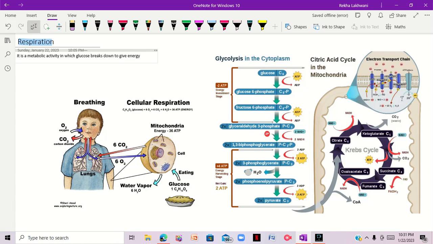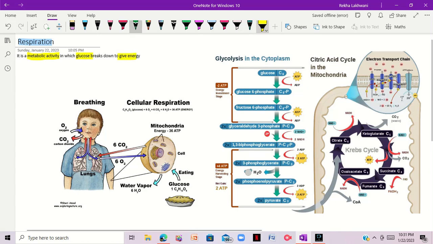So respiration is a metabolic activity in which glucose, which is C6H12O6, breaks down to give energy in the form of ATP, which is adenosine triphosphate, right? So the energy in the form of ATP.